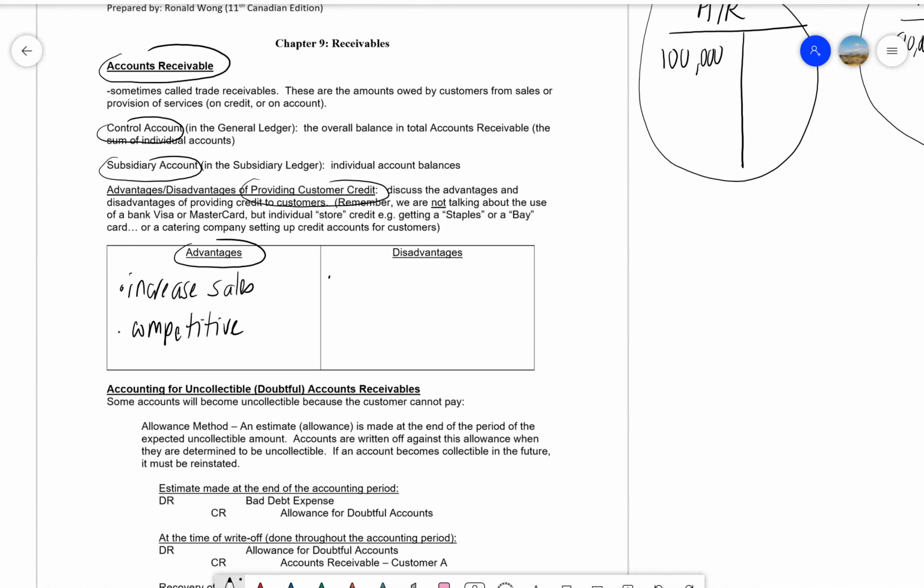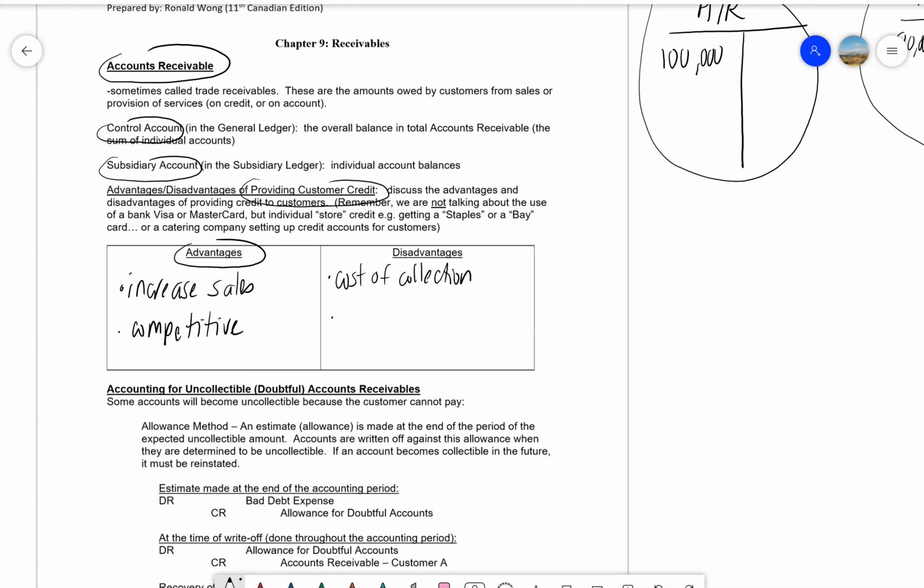One of the main disadvantages is that there's a cost of collection. If our customers do not pay us within the 30 days, for example, then one of our employees is going to have to follow up and try to get them to pay. So there's a cost of trying to collect the amount if the customer doesn't pay us.